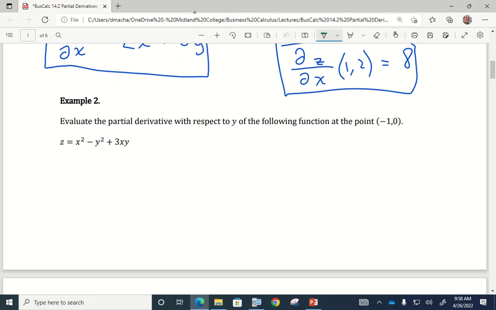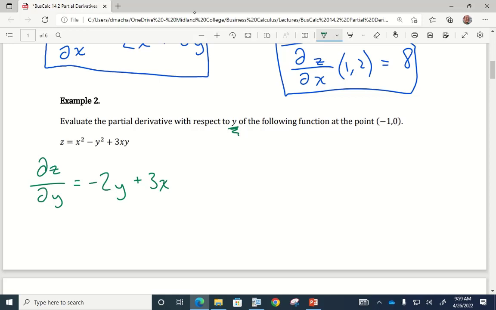So in example 2, we're doing the partial derivative with respect to y. So partial z partial y is going to be... I haven't done that part yet.